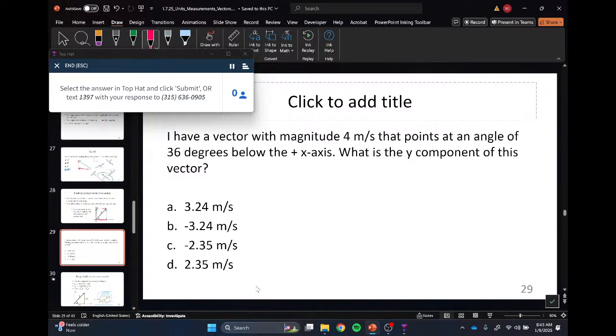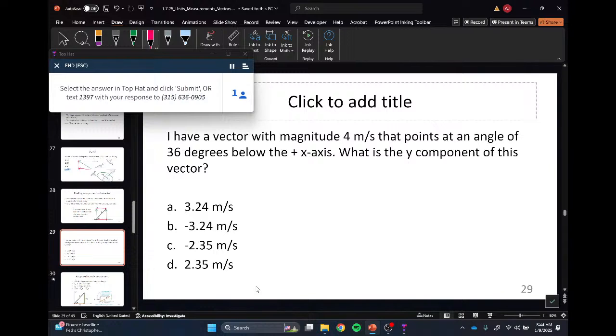And then which side is 4? The hypotenuse. Yep. Because now we've drawn an arrow that's 4 long, and then we're finding this side. So opposite. So it's like 4 times the sine.